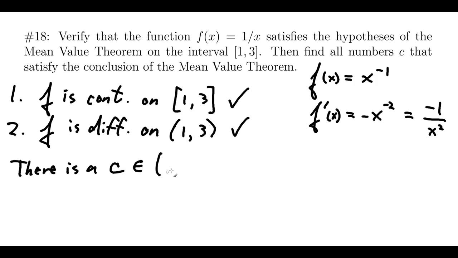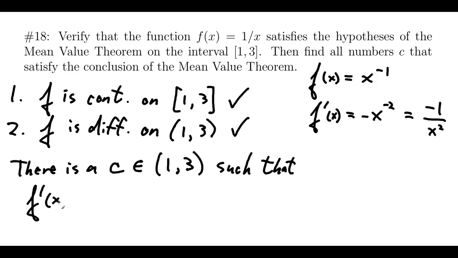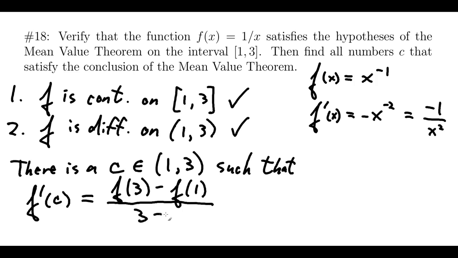Some number c within the interior of that interval, so the open interval from 1 to 3, such that the derivative of the function at c, so f prime of c, is equal to the slope of the secant line connecting the endpoints. So we have f of 3 minus f of 1 divided by 3 minus 1. Or of course you could subtract these in the opposite direction.